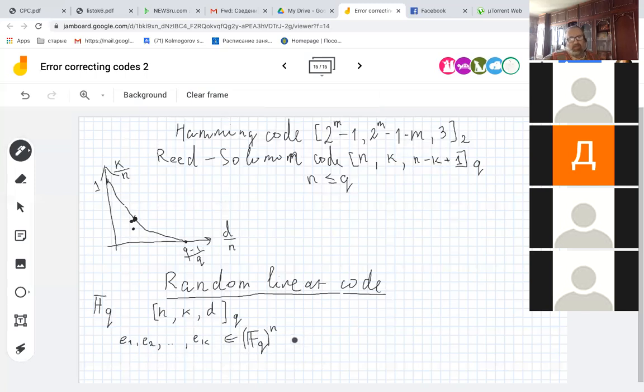So we choose them at random, each e_i is chosen with uniform probability distribution, at random uniformly. And independently. So each e_i is independent of the rest of the e's.